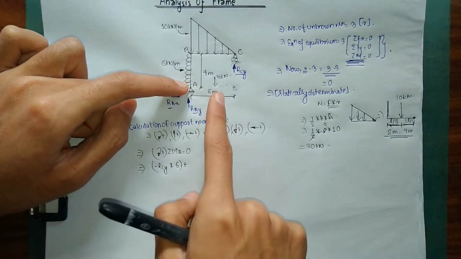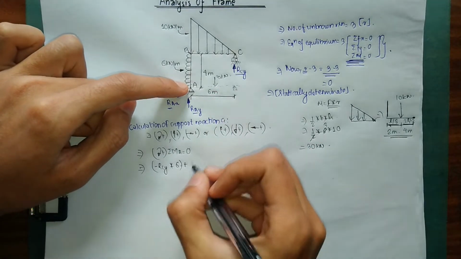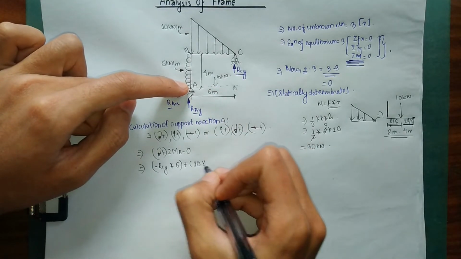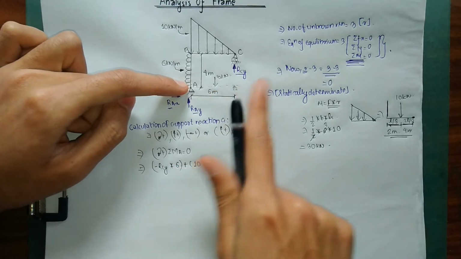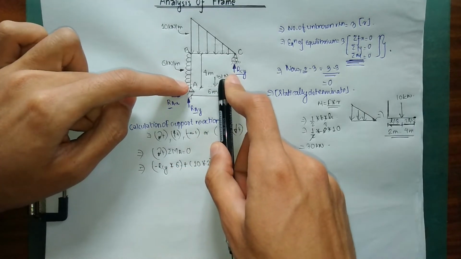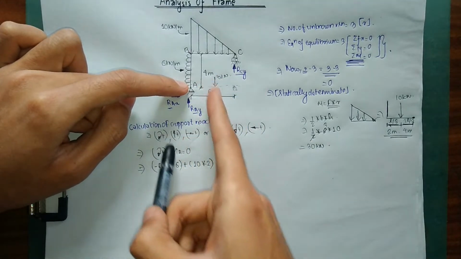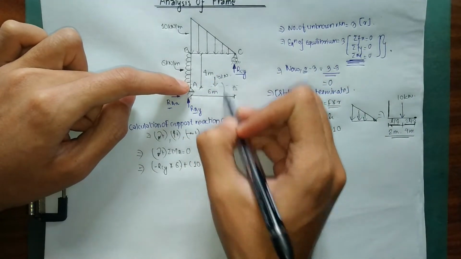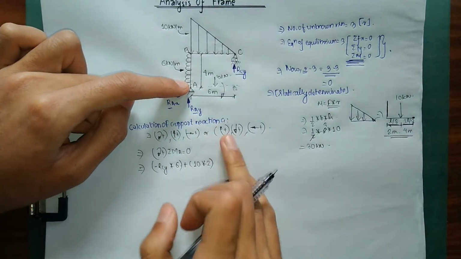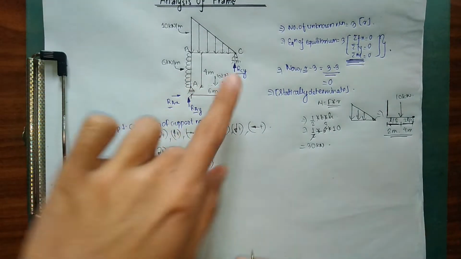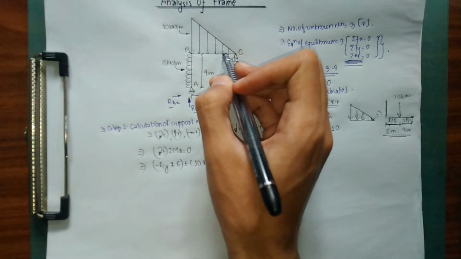The 10 kilonewton is acting at a distance of 2 meters, so let me write 10 into 2. But clockwise or anti-clockwise? As you can see, the 10 kilonewton is acting downward, so with respect to A it's going to push your beam this way, which means clockwise moment. So clockwise moment, 10 into 2. Now we have completed RCY, and we have completed this UVL as well.